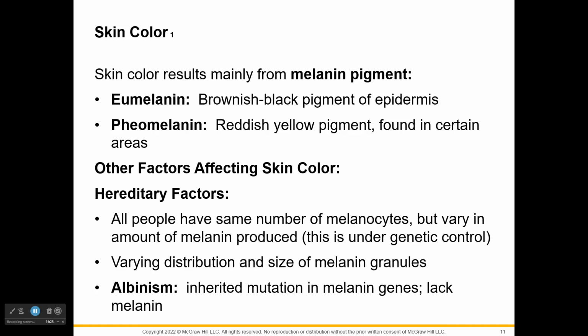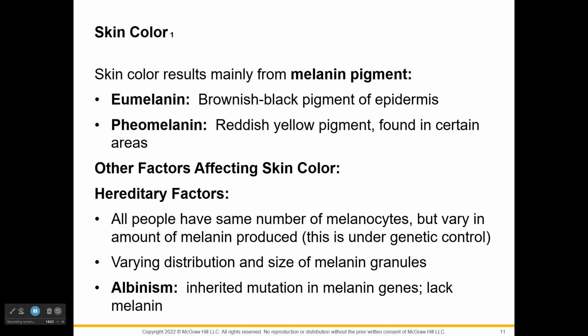But there's other factors that can affect skin color. You might not be the same skin color you were when you were born, and so you might develop more melanocytes based on your genetics, and so that would determine your skin color as you grow as an adult. The size of your melanin granules can be bigger, and so that's going to cause more pigment as well.